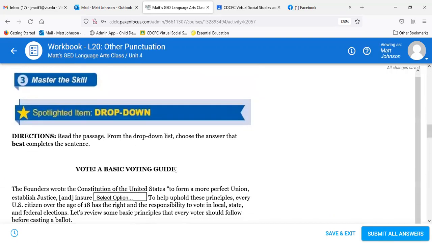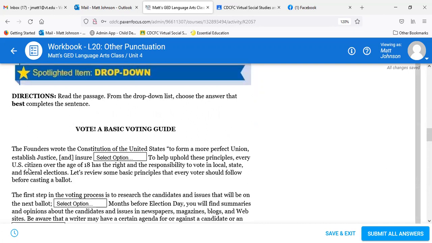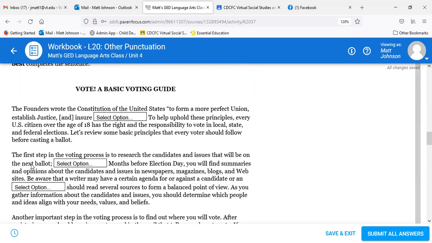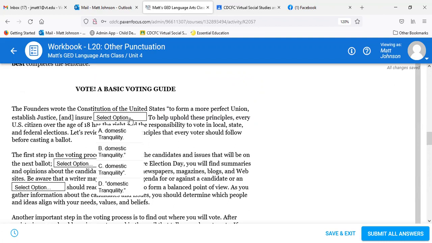And now we have a few passages to get through. Vote: Basic voting guide. The founders wrote the Constitution of the United States to form a more perfect union, establish justice, and ensure domestic tranquility. Christiana, what do we need there?